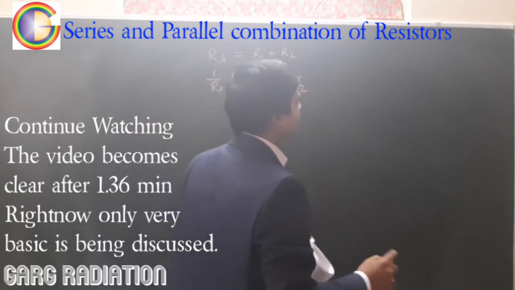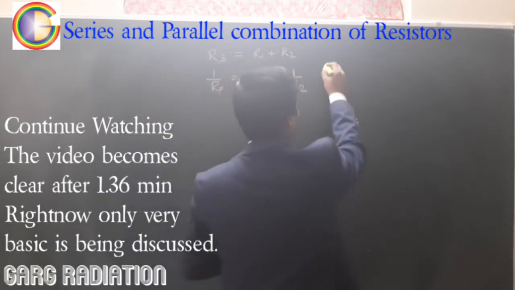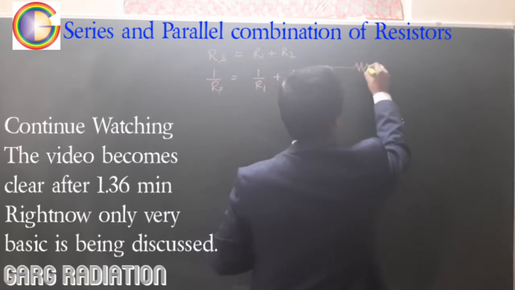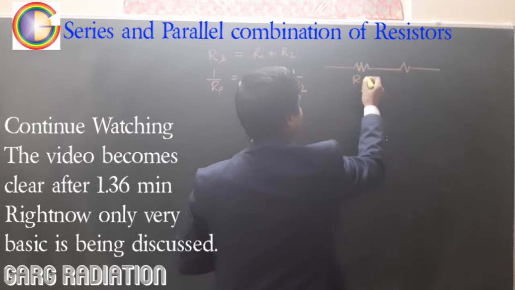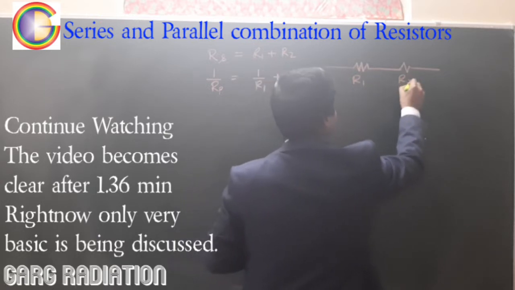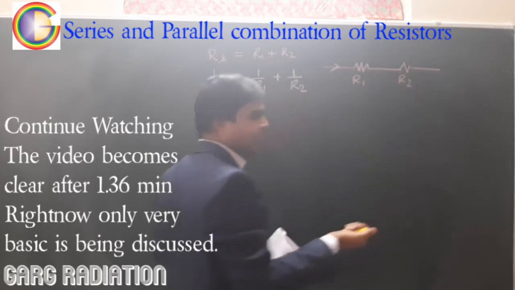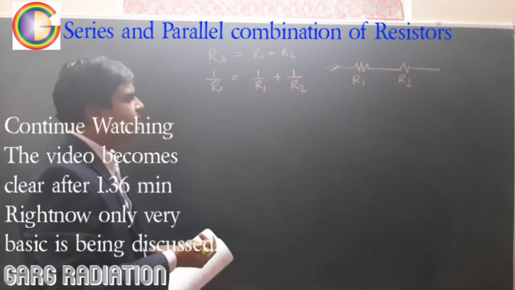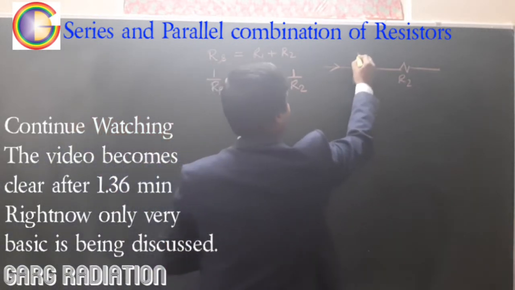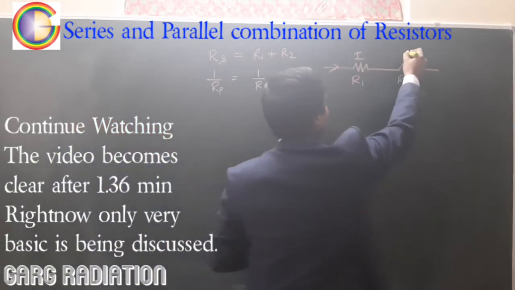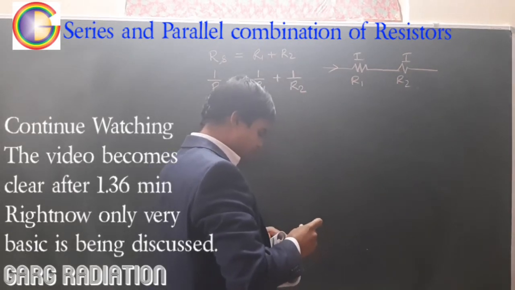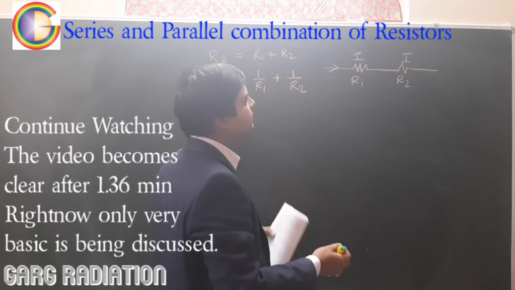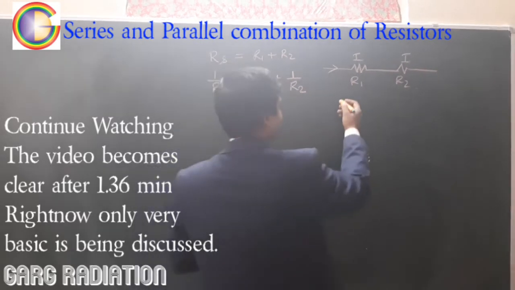Apart from that, a few concepts you should know. If we have two resistances R1 and R2 in series, then the current in both of them remains the same. They have the same current, but they may not have the same voltage.